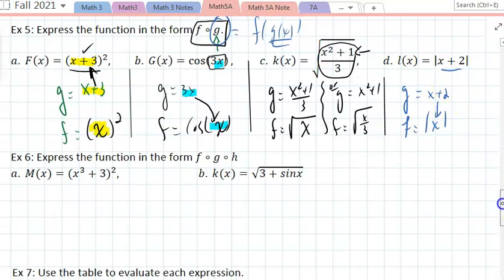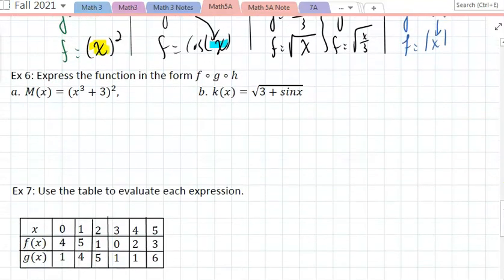And we're going to have to do this 3 times. Well, no big deal. We're going to take f of g of h. So choose h first. If I let h equal x cubed, that means g will be, remember, I'm going to put an x right there, x plus 3.